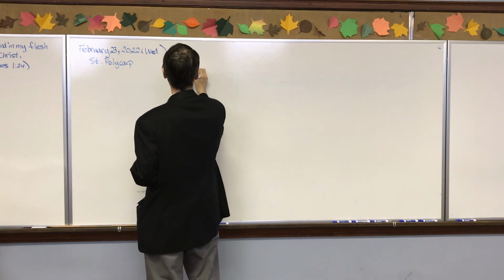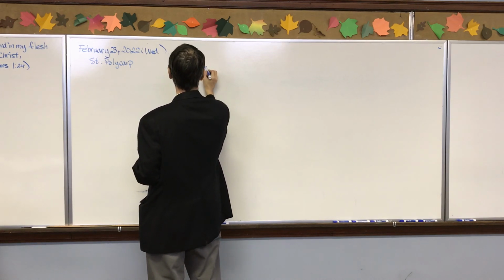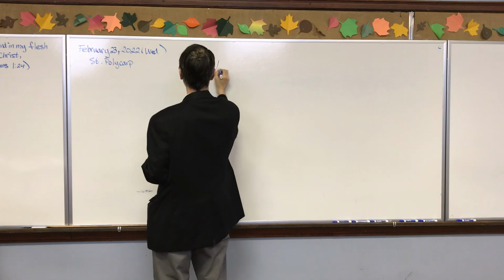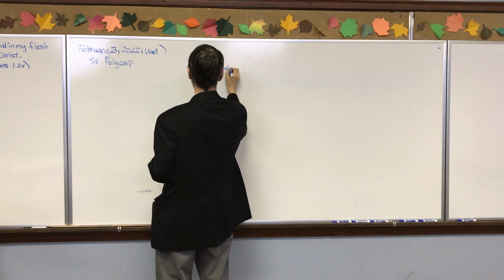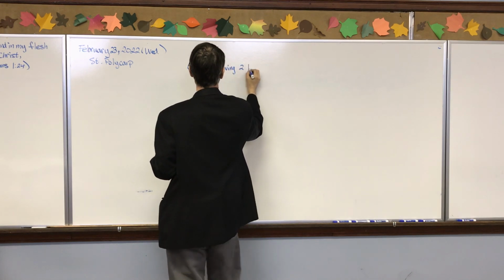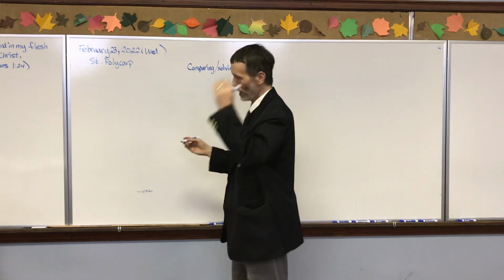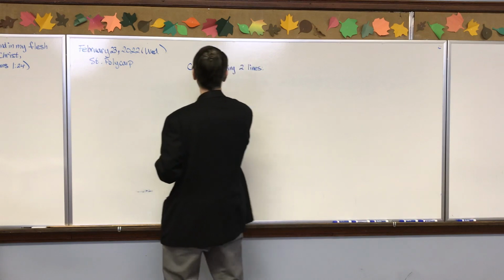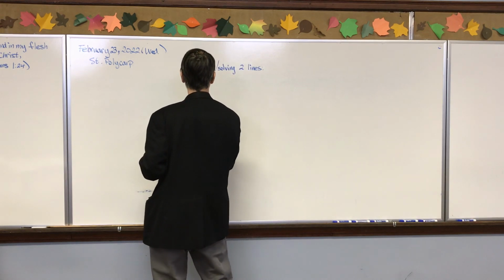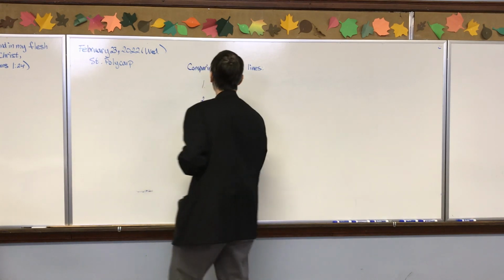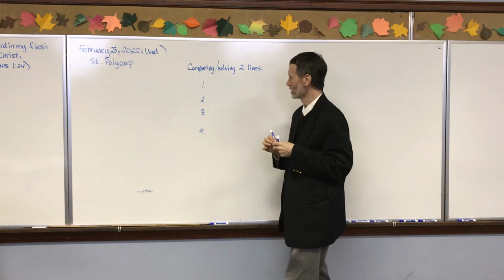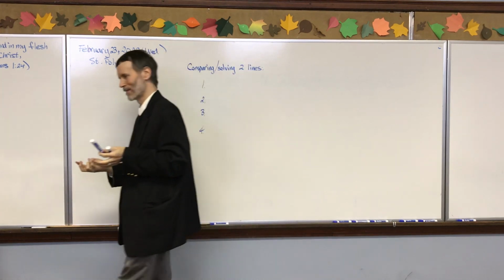When you're comparing or solving 2 lines, there are 4 possible things that could happen. When you're solving, interestingly enough, it doesn't care if they're perpendicular or not.